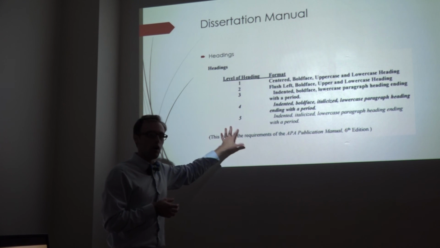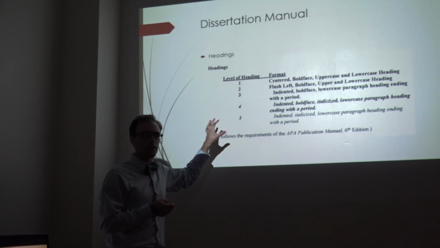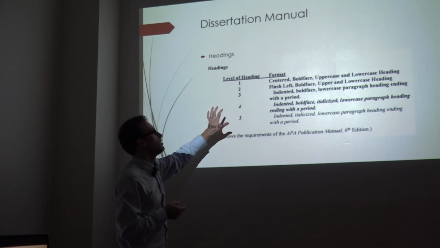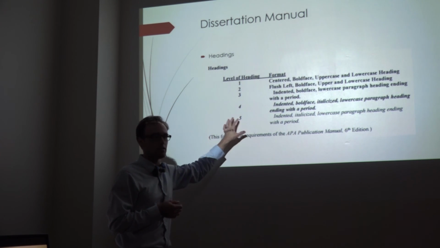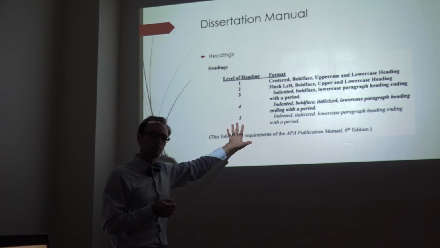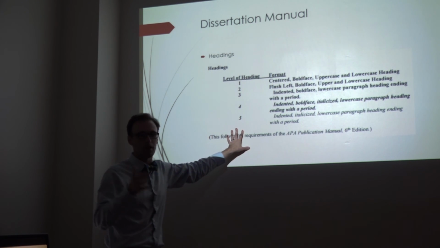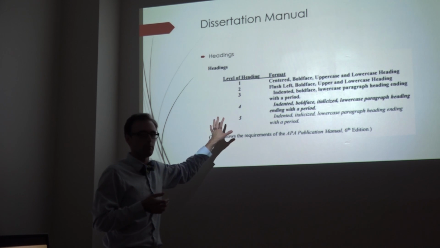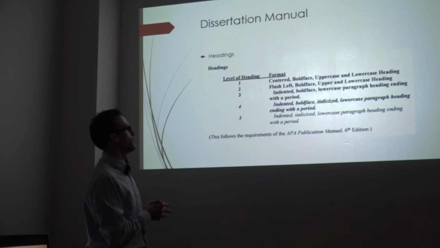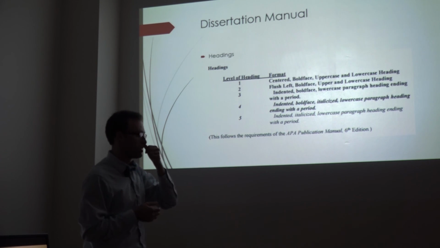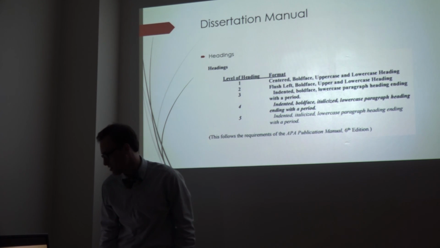On the dissertation manual, you'll find this information. So just as you're writing and creating your headings, just follow the APA style for headings. That's just the way we do it so that everybody has some consistency when we're trying to check what level heading this is. So keep in mind that you're not using the Chicago heading style.